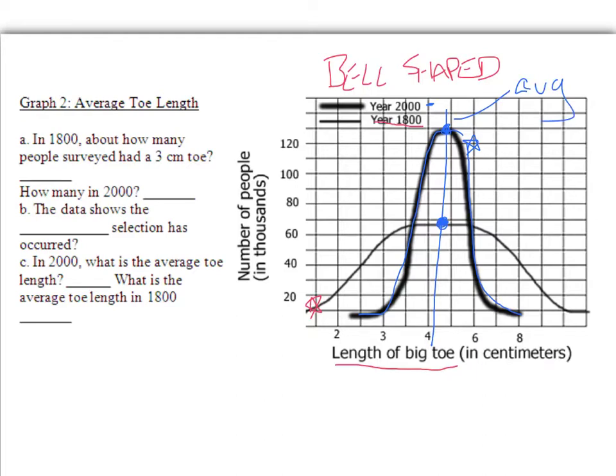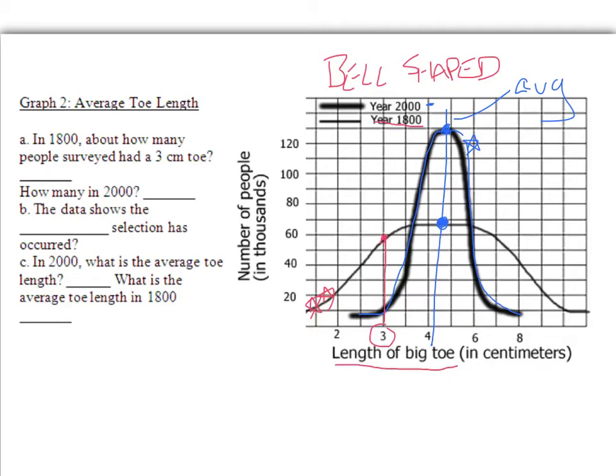First one, in 1800, about how many people surveyed had a 3-centimeter toe? So 1800, we're looking at this line down here, and we're looking for how many people had a 3-centimeter toe. So you're going to go to 3 centimeters, and we're going to get you right about there.